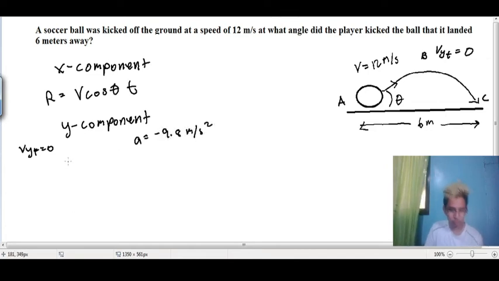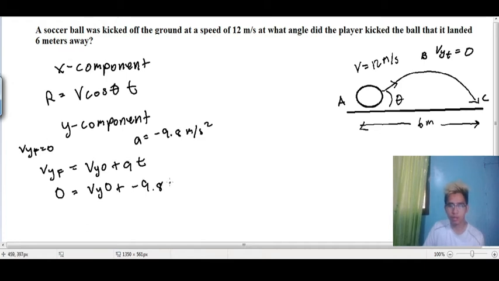So we have the formula: final velocity is equal to the initial velocity plus acceleration times the time. So we substitute the values. So we have 0 equals Vy initial plus negative 9.8 meters per second squared times your time.